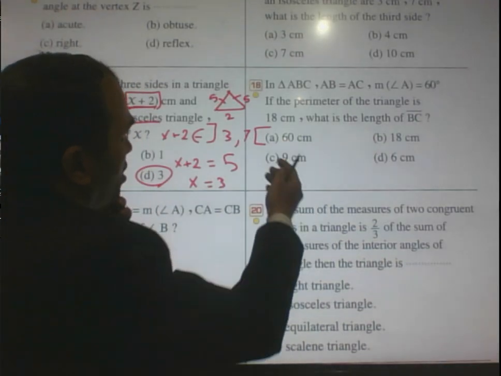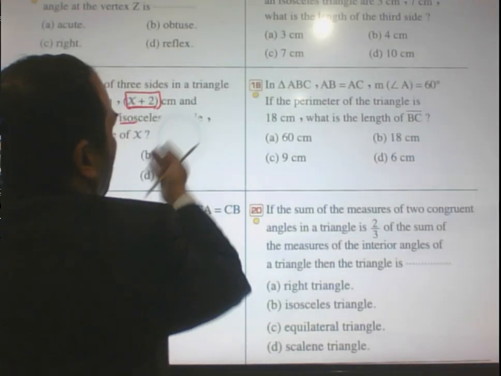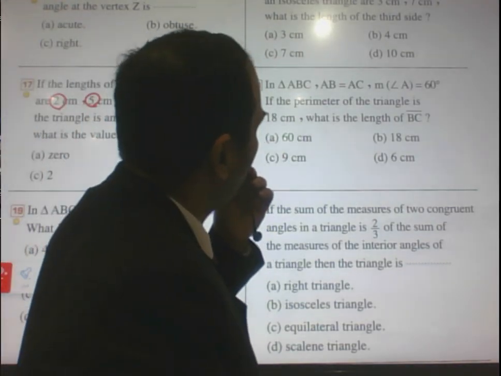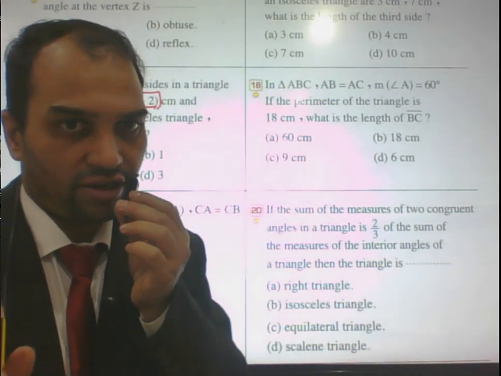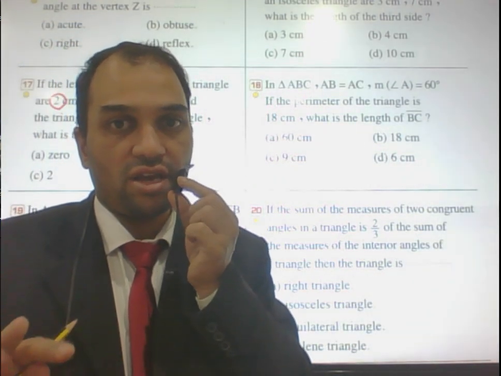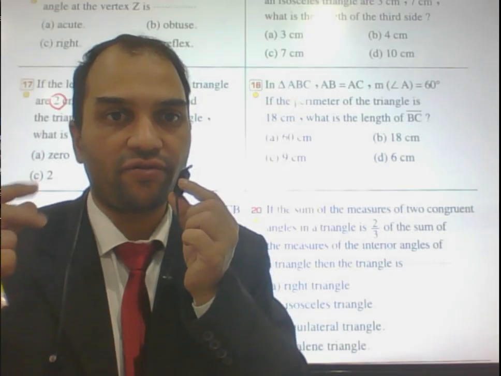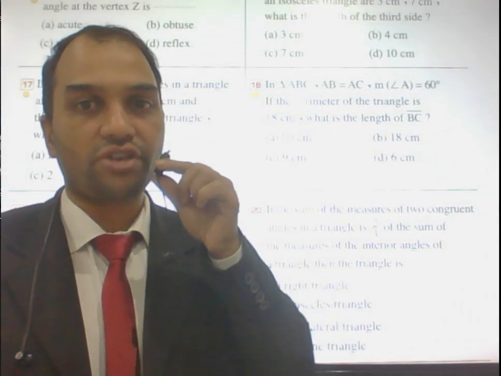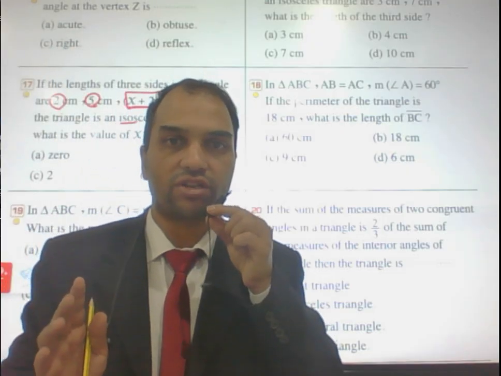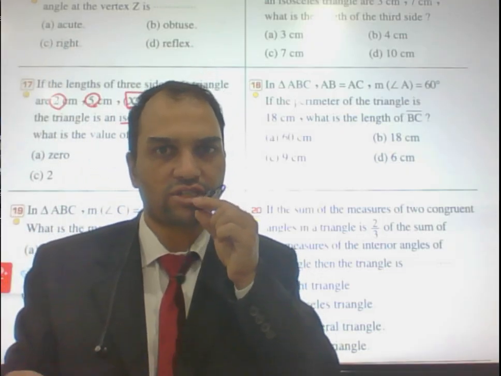Next, question 18. We have triangle ABC, AB equals AC, and the measure of angle A is 60. It converts from an isosceles triangle to an equilateral triangle. If we have an isosceles triangle and the measure of each angle inside it equals 60 degrees, we call it an equilateral triangle. In an equilateral triangle all sides are equal in length.